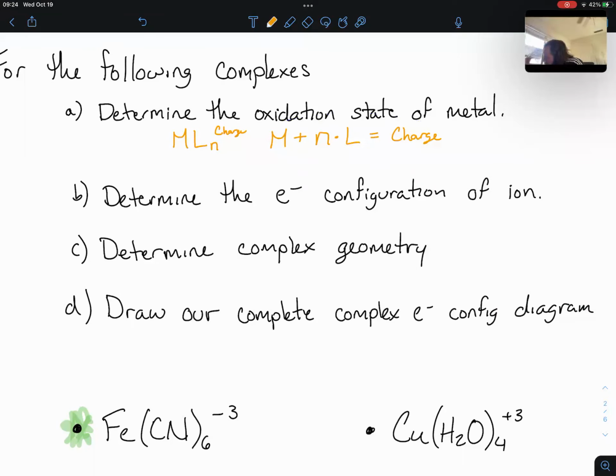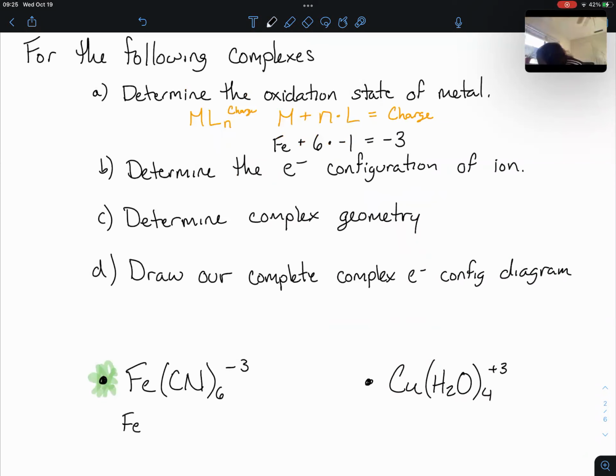So in this case with iron, I didn't know my iron, but I know that I have 6 cyano ligands, each with a charge of -1, and that sums up to -6. So -6 plus the iron gives you -3. That's how I can determine that I must have the iron 3 ion. The oxidation state of that iron is +3.